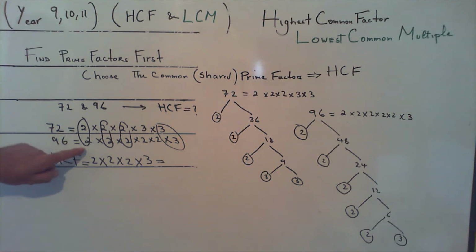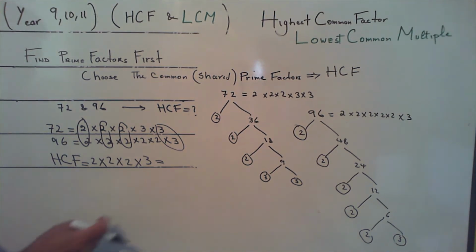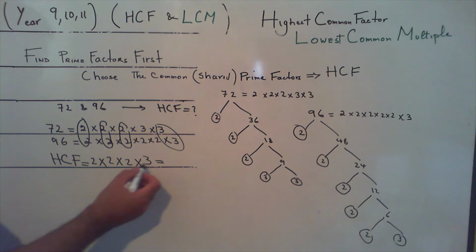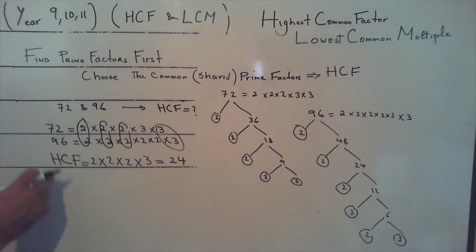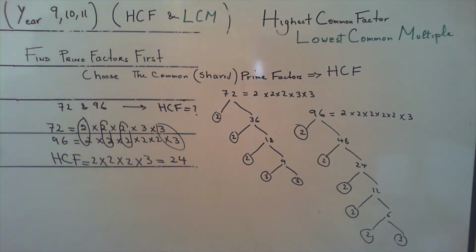So I've tried to see which ones are common. There were three 2's and one 3, and I've written them all down. All you have to do, obviously, is multiply this. That is going to be 24. So the HCF between the two numbers, 72 and 96, was 24.